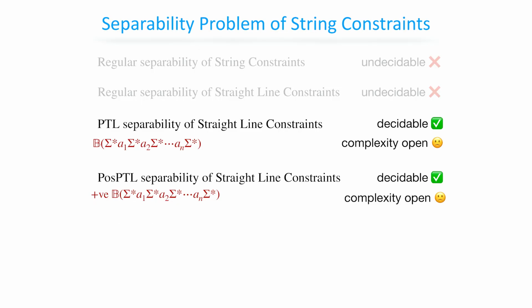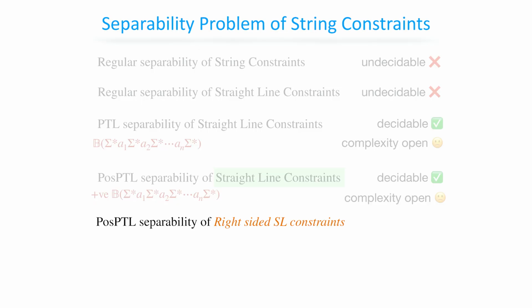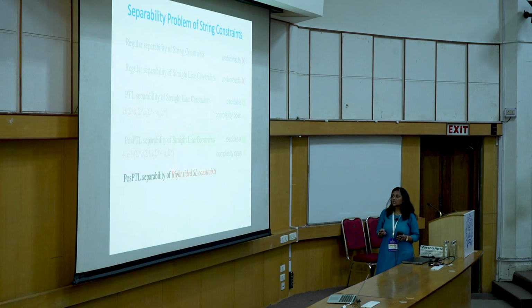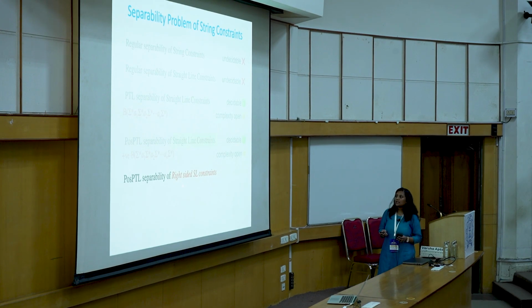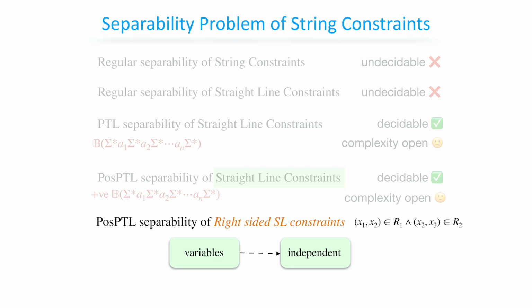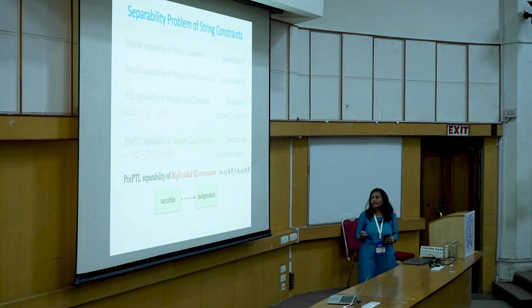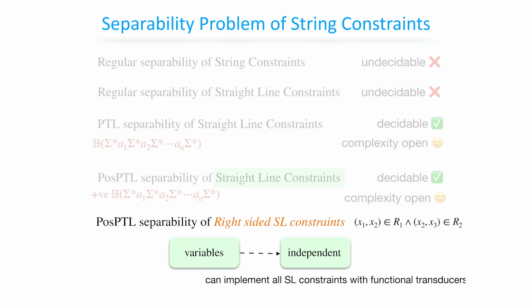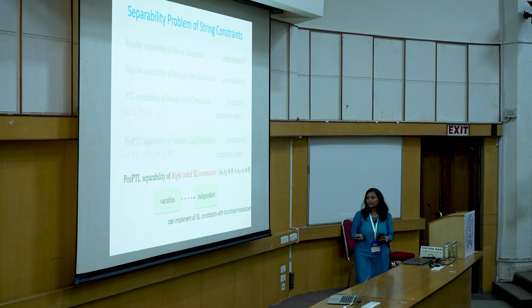And yeah, we have also defined another subclass of constraint. We call it right-sided SL constraint. It is such that there are some independent variables and all other variables are directly dependent on them. And it can implement all straight line constraints with functional transducers. It is a fairly practical subclass because it contains all functional transducers.